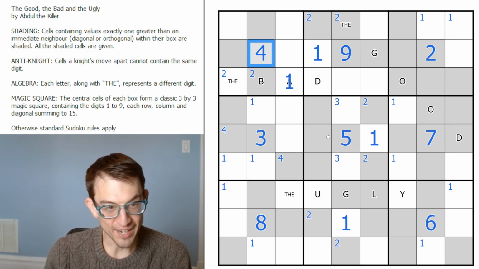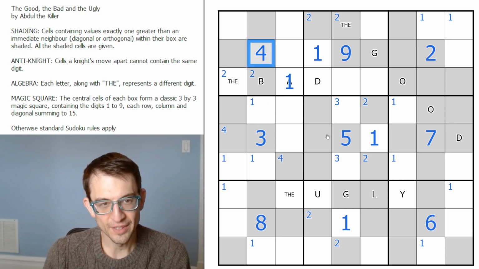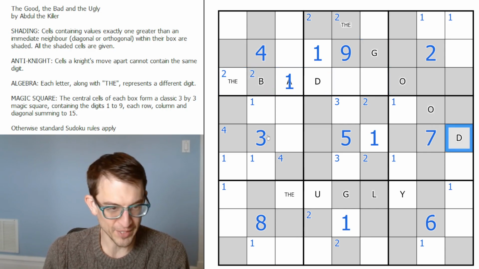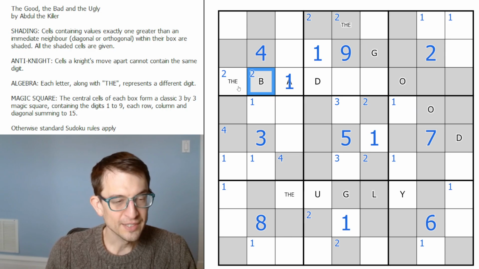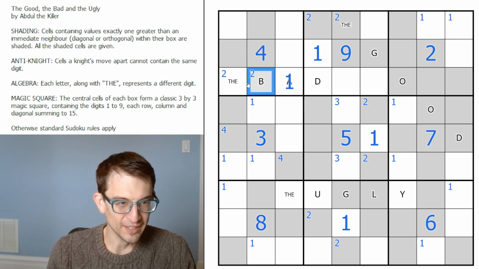What is next? Well, I have a lot of digits on the board now, and now I'm thinking about, so because these letters are all unique, actually how many are there? So let's count how many of these that there are, because if there are 9, which I'm hoping there will be, and it kind of looks like there is, then each digit is going to have to be one of the letters.